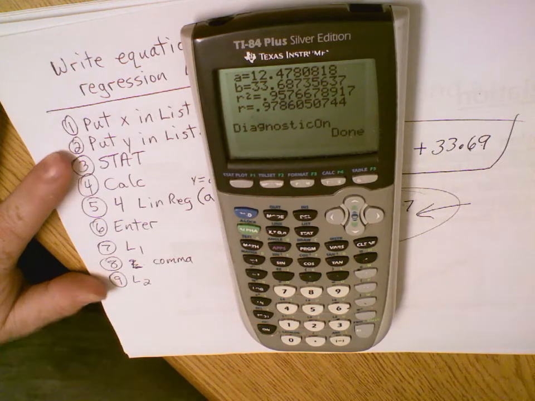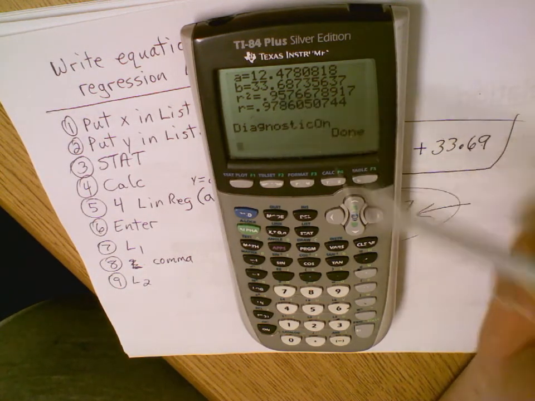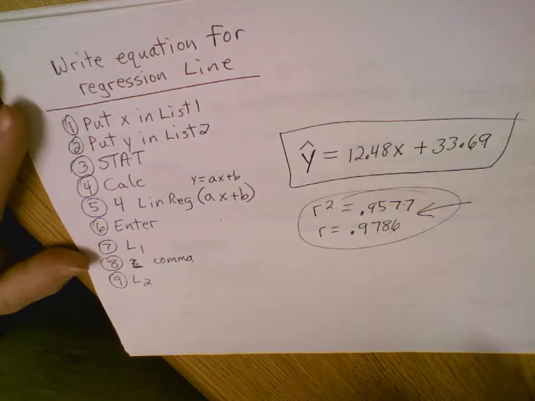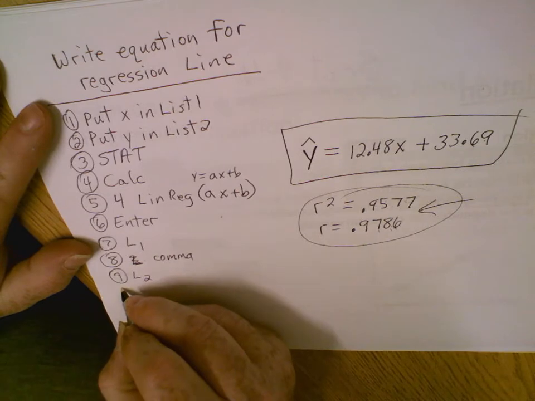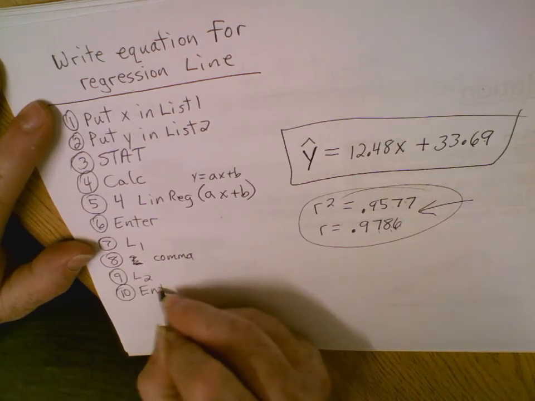That turns on the diagnostic so that it will show you the R and the R squared. The last thing here was just to hit enter.